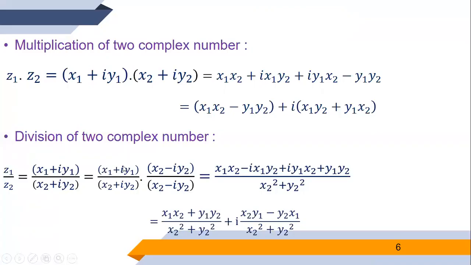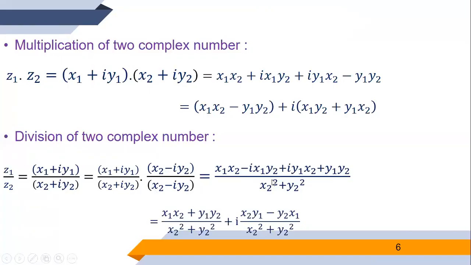Now in the numerator we multiply both terms, then we get x1 x2 minus i x1 y2 plus i y1 x2 plus y1 y2. And in the denominator, by the a plus b, a minus b formula, we know that it is a square minus b square. So x2 square minus i square y2 square. i square is minus 1, so minus minus plus y2 square.